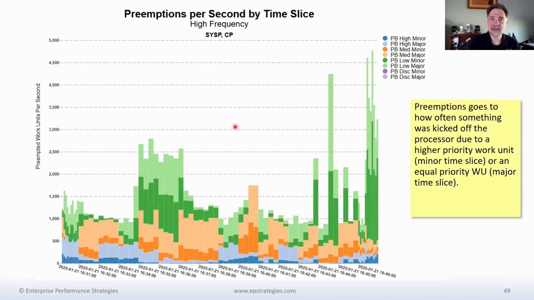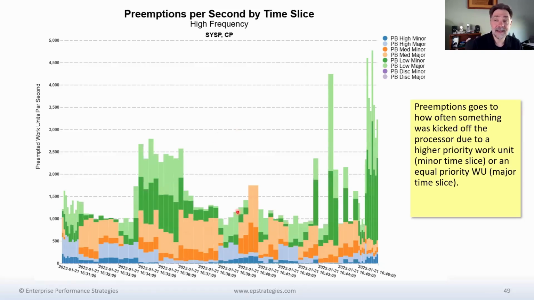That's your reduced preemption. The fair share side of that is, if there are equal priority units of work running, those units of work should be allowed to get some sort of time slice. That's called their major time slice, before they are forced to give up the CPU to an equal priority unit of work.